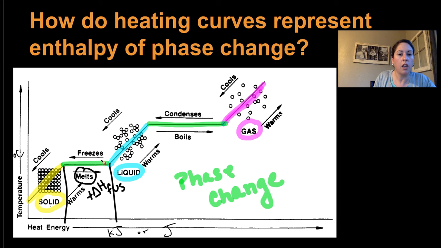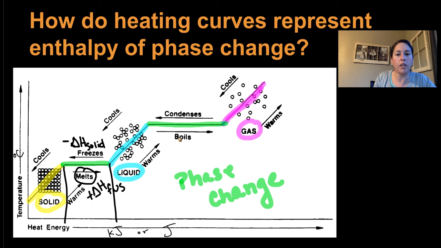On the backwards one, this one is the delta H for solidification, so SOLID is how we're going to represent that. And this one actually happens to be negative. So this is the positive going this way, and freezing is the negative going the other direction.